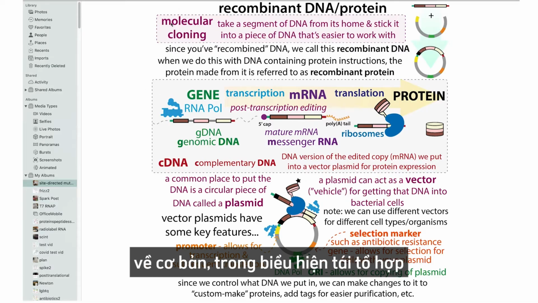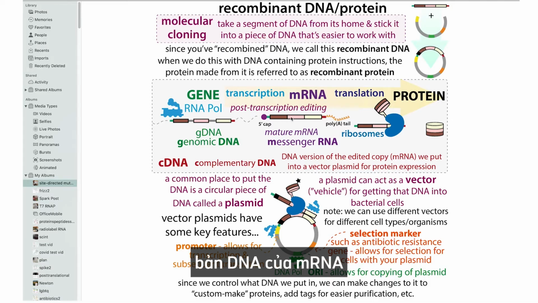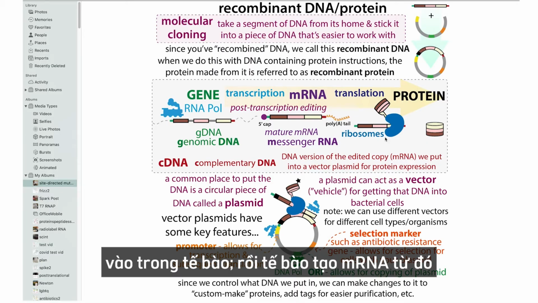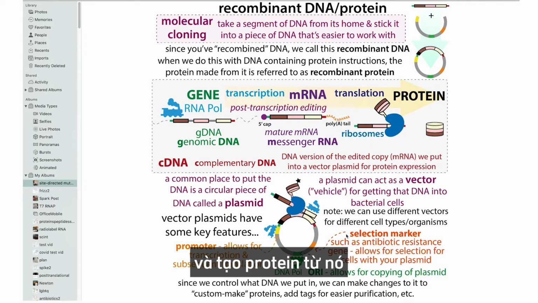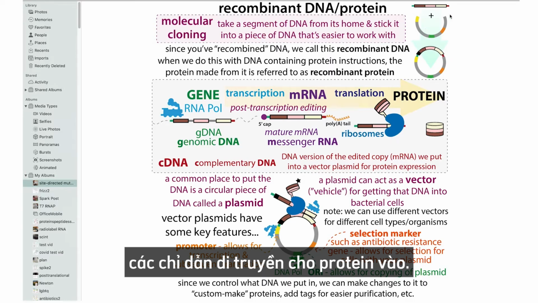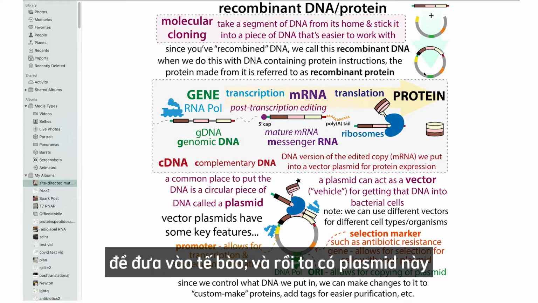But basically, in recombinant expression, we put the DNA version of the mRNA into the cells, and then the cells make mRNA from it, and then make protein from it. We call it recombinant because we're recombining the genetic instructions for the protein into a piece of DNA, a vector that serves as a vehicle for putting it into cells.